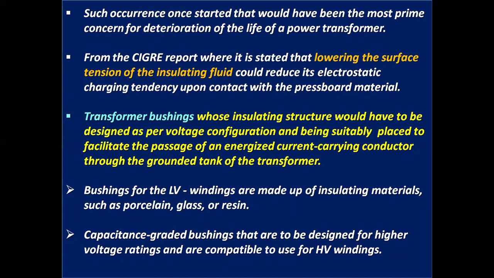Bushings for the LV windings are made up of insulating materials such as porcelain, glass, or resin. Capacitance graded bushings are designed for higher voltage ratings and are used for HV windings.